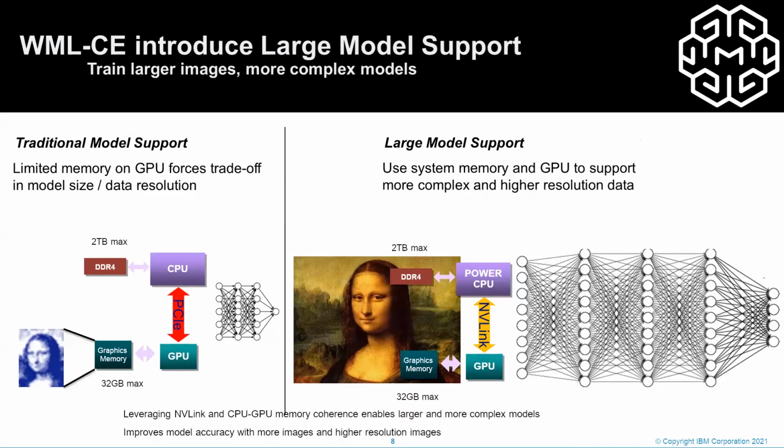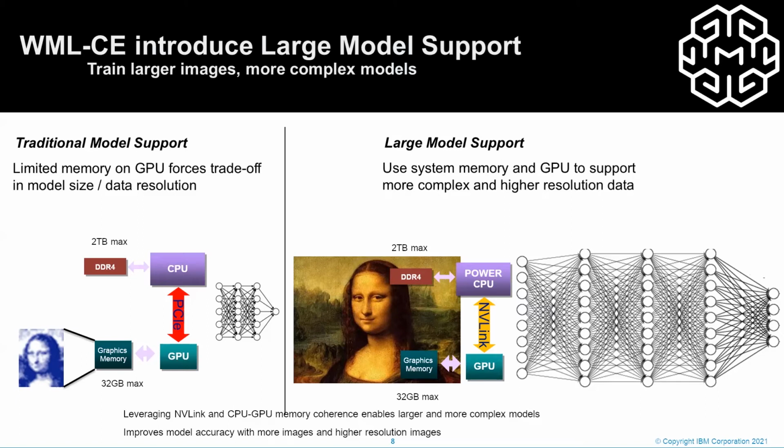So to handle that, Watson Machine Learning Community Edition introduced large model support to train these large images. The idea is to utilize the system memory of your AC922 and swap tensors from the graphical memory to the main memory.